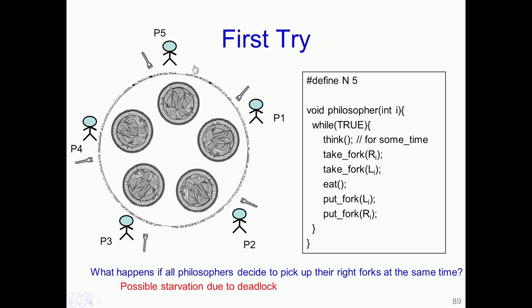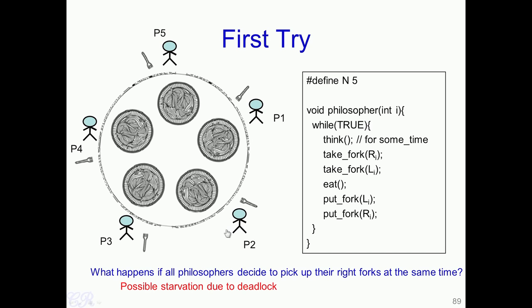Now, in order to eat, each of the philosophers has to pick up their left fork, and this could lead to starvation. Essentially, P1 is waiting for P2 to put down the fork, so that he could pick it up.